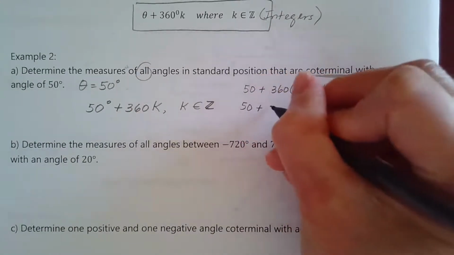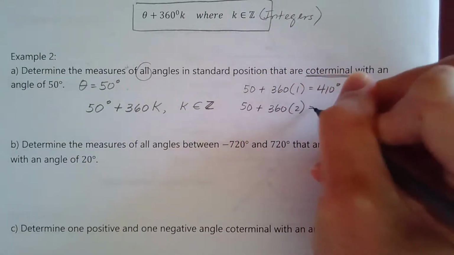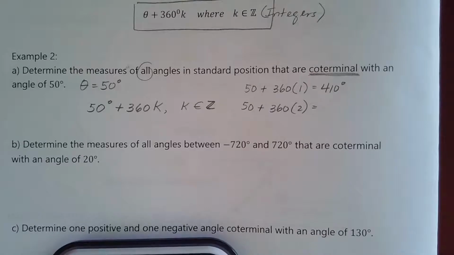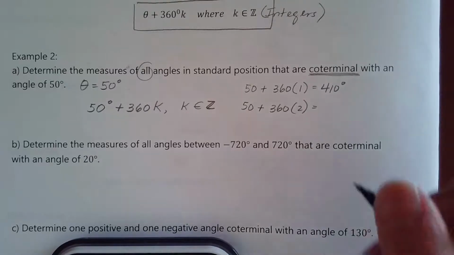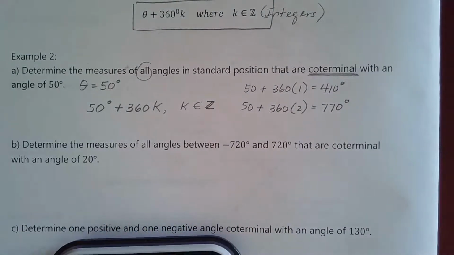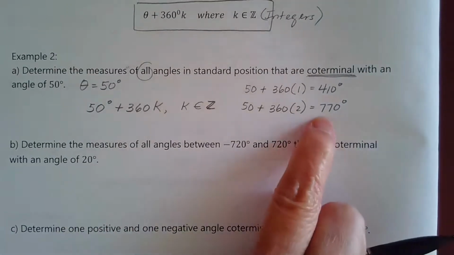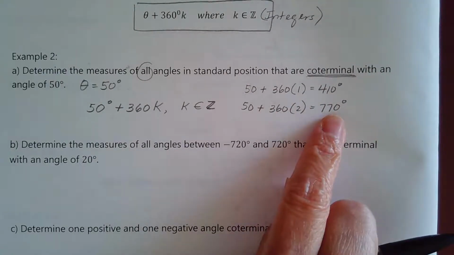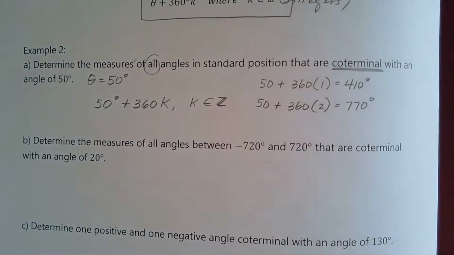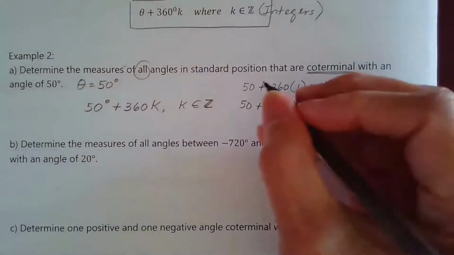You can go 50 degrees plus 360 times 2. 360 times 2 is 720, plus 50, 770 degrees. So if we graph this angle at 770 degrees, it will line up as if it's a terminal angle at 50 degrees.